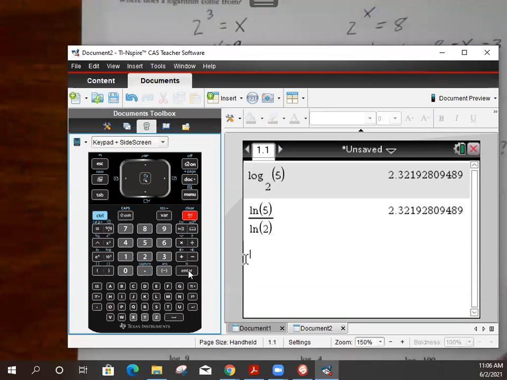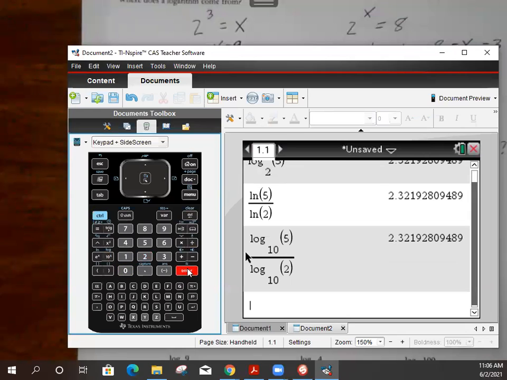And it doesn't matter which log you use. You can do log base 10 of 5 divided by log base 10 of 2. And see, same thing every time. All right, so that's the first property of logs that you should know. Even if you have a TI Inspire, you should know how to do that, to be able to rewrite logs with different bases.